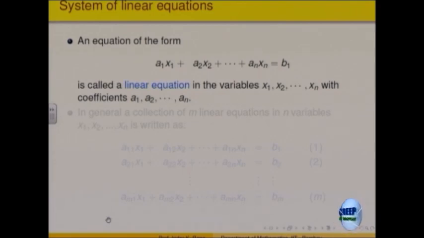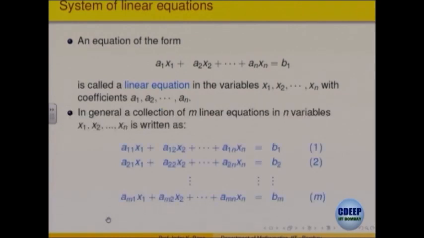Why is it called linear? Because the powers of all the variables are 1. So, if we give more than one, you can have a system of m equations in n variables.